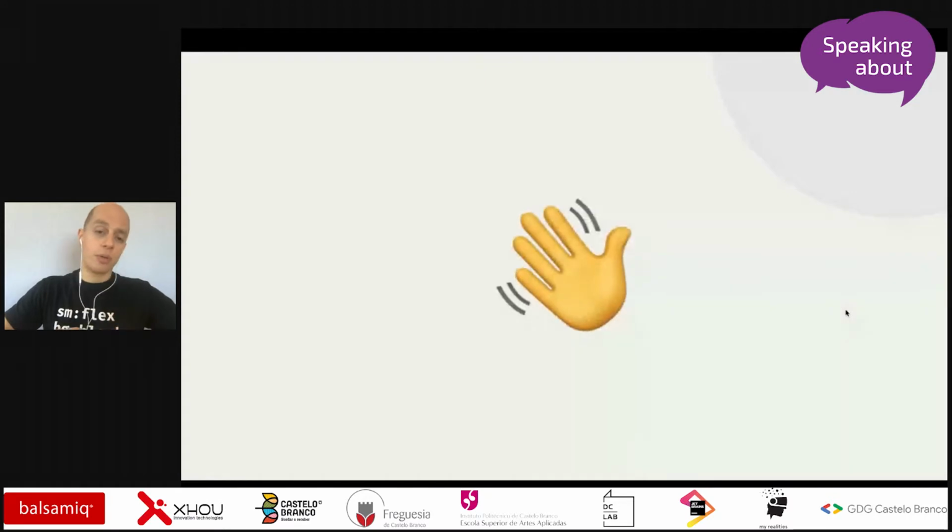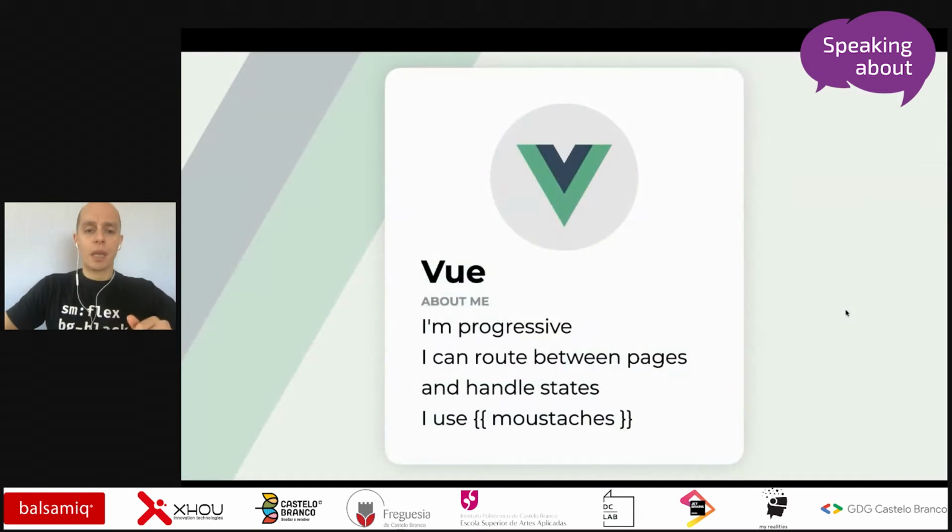So Vue. If you can raise your hand, if you ever worked with it... right, this is an online conference. I'm alone at home. Moving on. So Vue, as we can see, it's progressive.